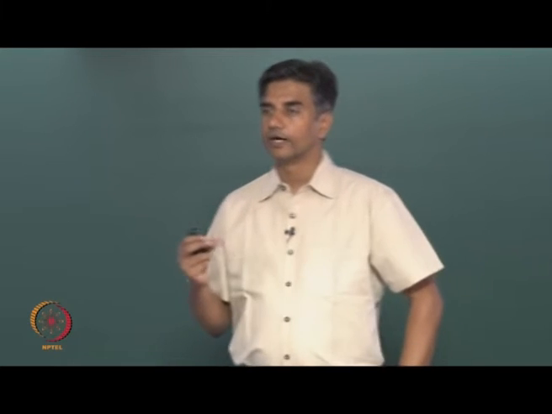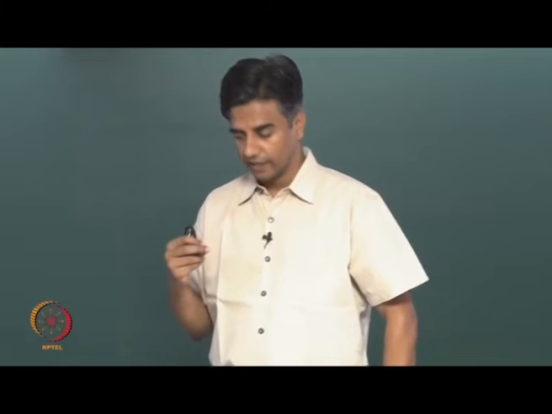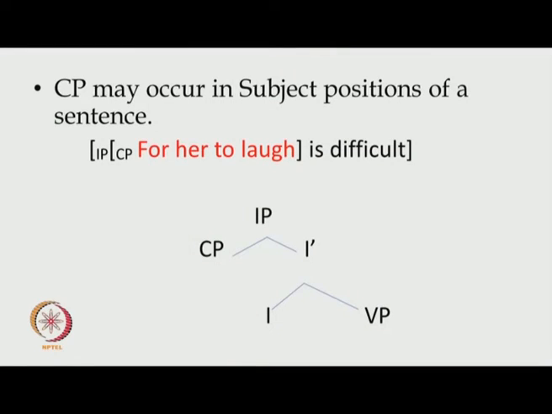Then we bring in a notion of CP, which is a complementizer phrase, and we have looked at the composition of CP. That is, what does a CP look like? Okay? And then we see that sometimes head C takes the whole IP as its complement, and the recursiveness of language also allows sometimes CP appearing in the subject position or in the object positions.